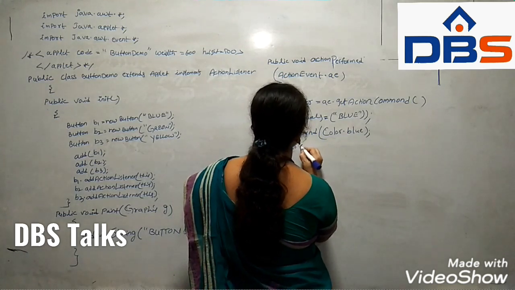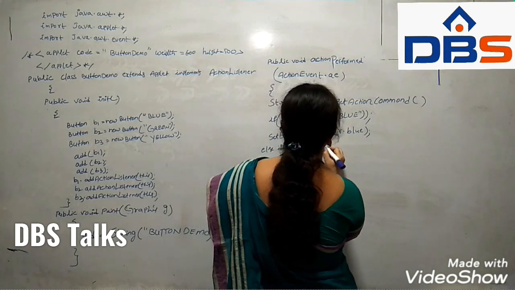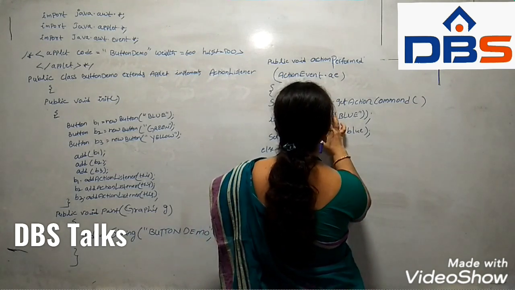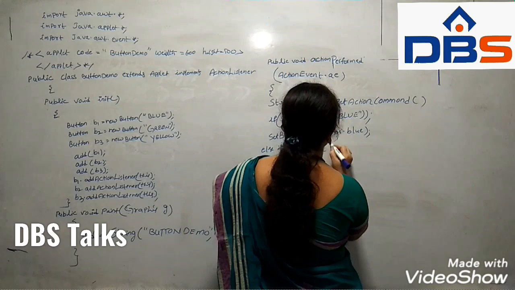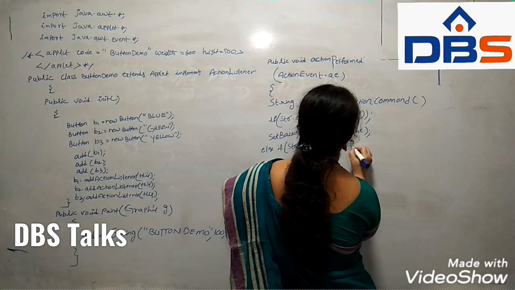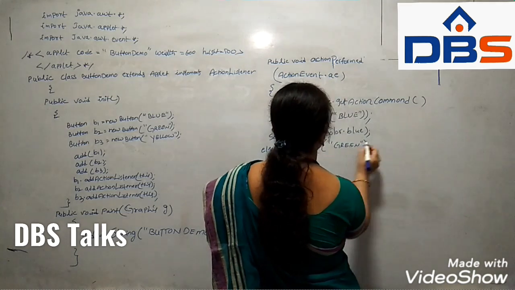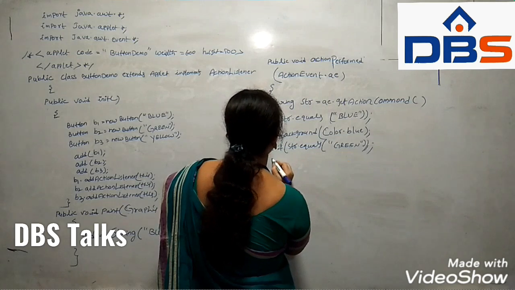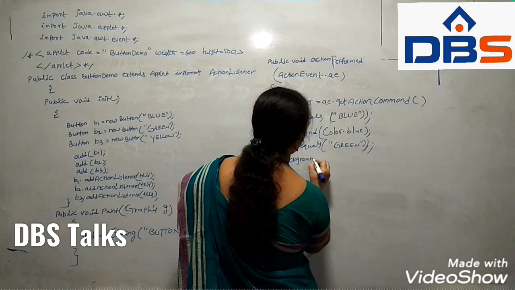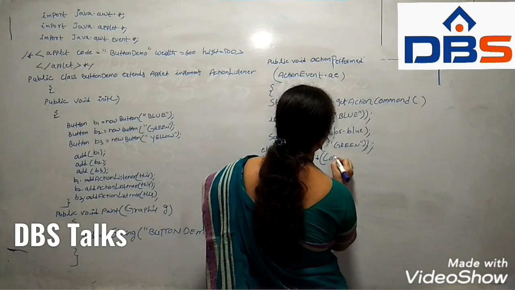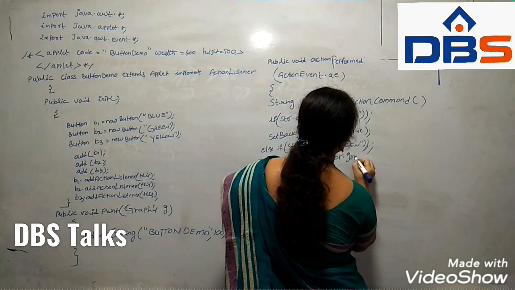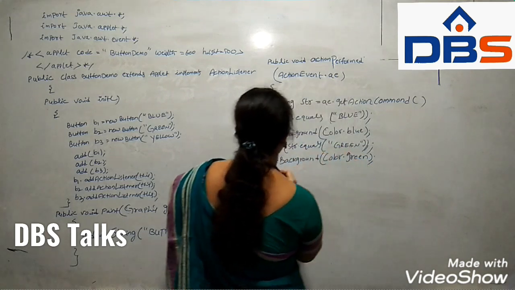Else if str dot equals, the second one green, then we can set background color, always in uppercase letters, Green.